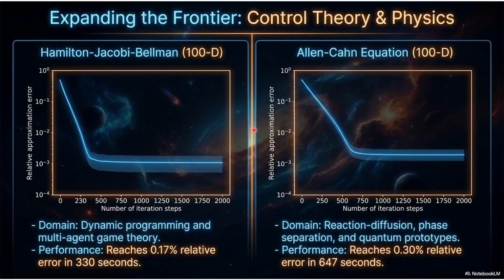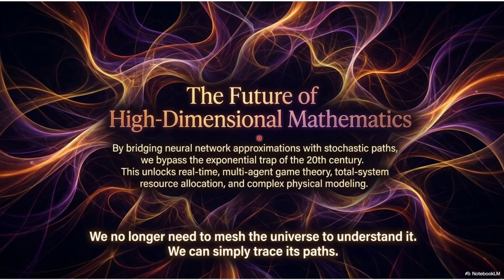And for the 100-dimensional Allen-Cahn equation used in reaction diffusion, phase separation, and quantum prototypes, it achieved a 0.3% relative error in 674 seconds.